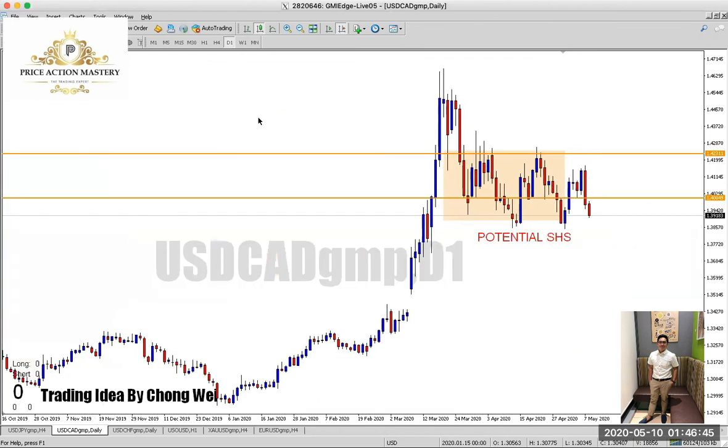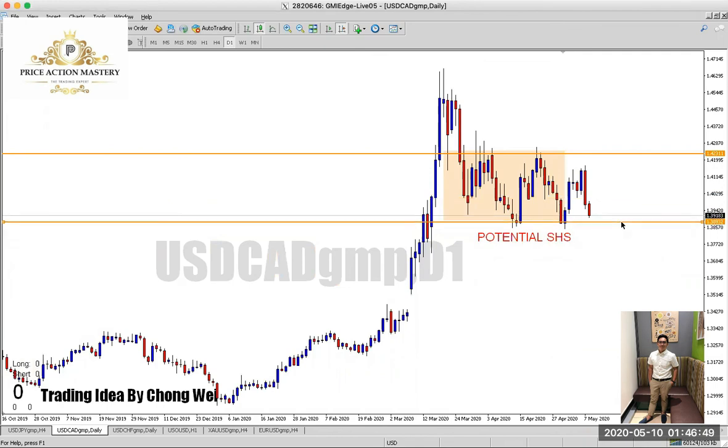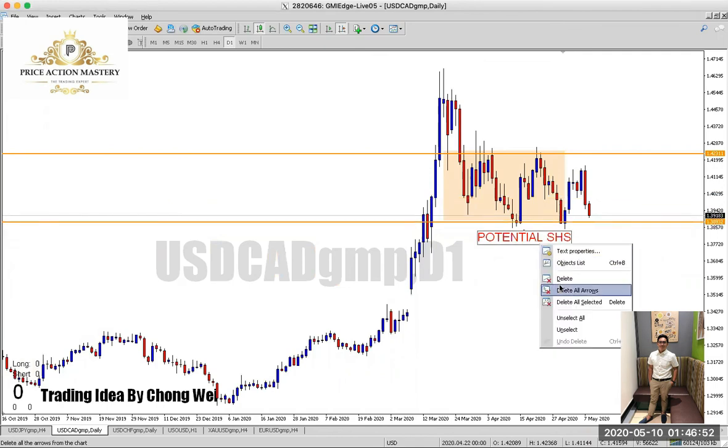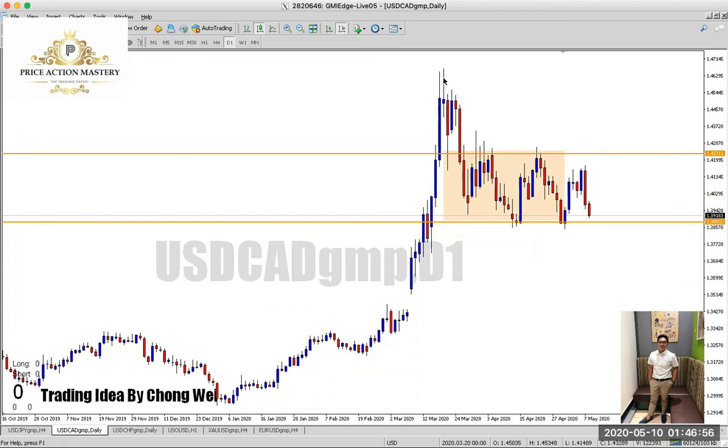Let's look in. Okay, so basically USD CAD is still in a range market, but it's a downtrend range, which means sell is better than buy. Hoping next week it's going to drop, then we can see further downside, because we know 1, 2 already.